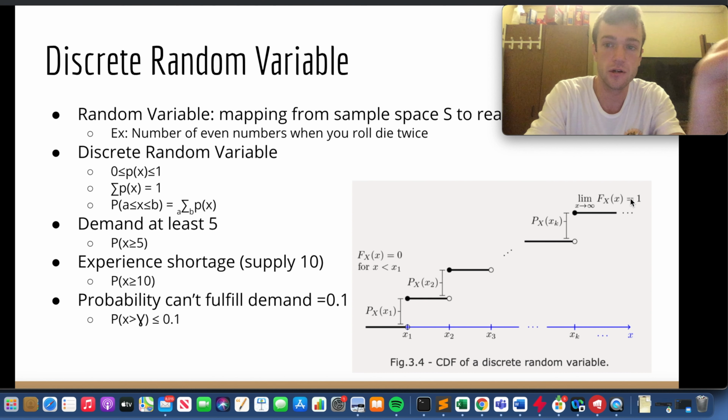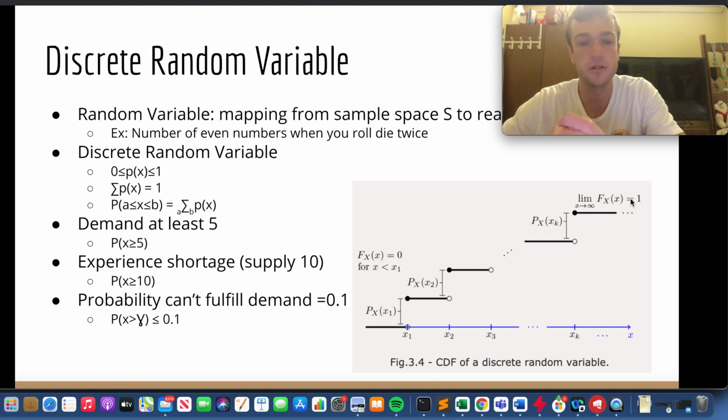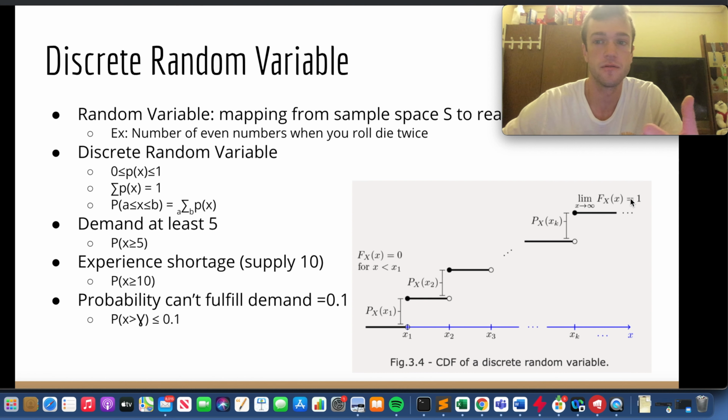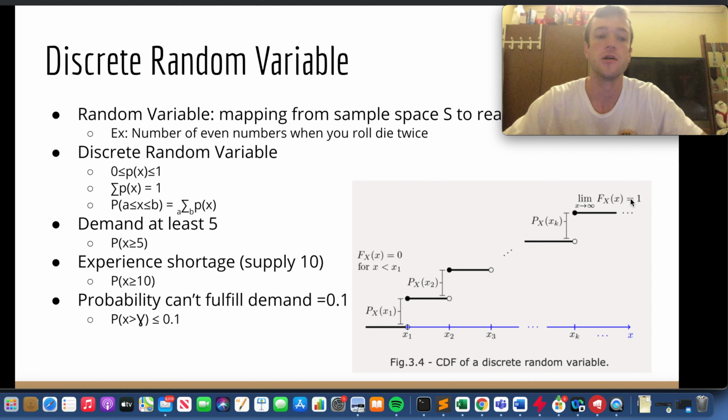Another question we could be asked is, what is the probability that we experience a shortage? Experiencing a shortage means there isn't enough supply in stock to meet the random demand. So assuming the supply we were given was 10, what is the probability that the demand is greater than 10?